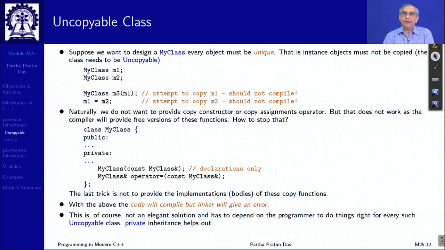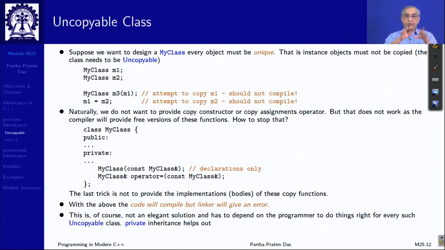I will show you an interesting application of private inheritance. This example is from Scott Meyers' Effective C++ or Effective Modern C++ book. The idea is nice: suppose we have the general idea of classes and objects, and we have seen that there are real world situations where I want to design classes having a certain property.